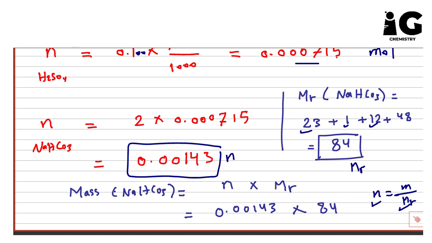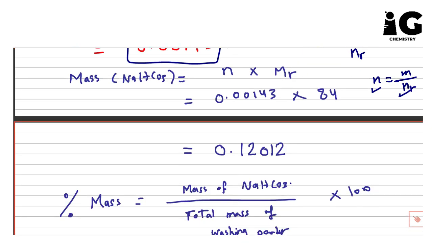So the mass of NaHCO3 equals N times MR, so equals 0.00143 times 84. So the mass of the NaHCO3 is going to be 0.12012. This is the mass in grams.